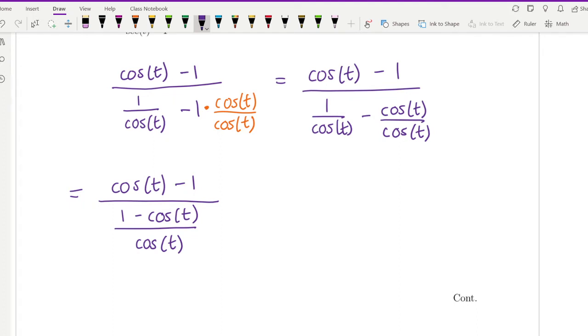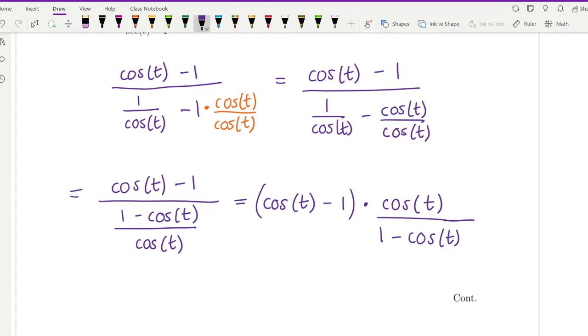Okay, so where should we go from here? Well, now we're back in a situation we've been in a few times so far in this video, where if you're dividing by a fraction, you can rewrite it as multiplying by the reciprocal of that fraction. So I'm going to rewrite this as cosine of t minus 1, in parentheses just to be really clear that this whole thing is getting multiplied with, now we flip the denominator over, and it's going to be cosine of t over 1 minus cosine of t.